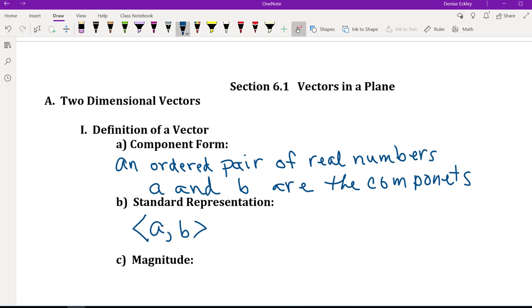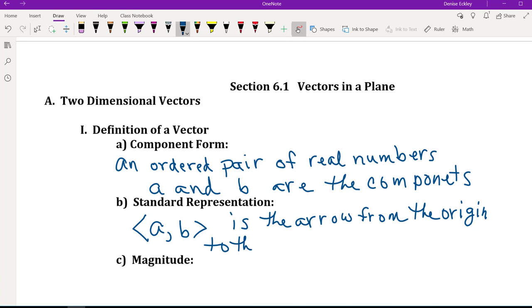What this is known as is the arrow from the origin to the pair A comma B. So now when you see the angle brackets, you know that it is a vector as compared to just a point in space. And what makes the difference is not only is it a point in space, but it's also a direction as to how you got there.